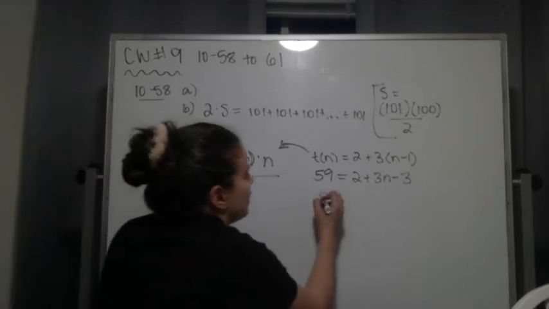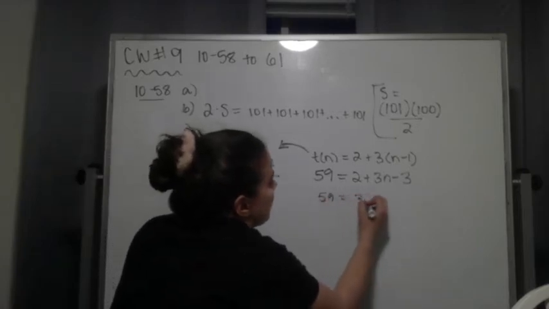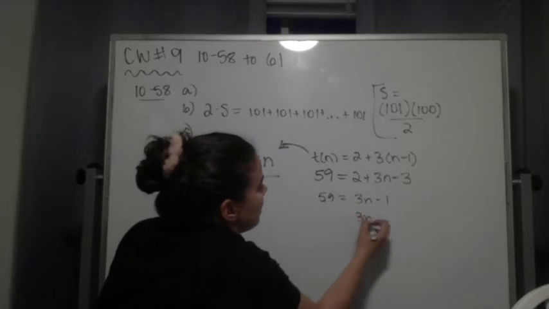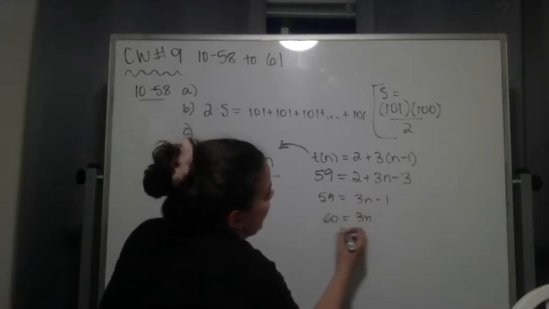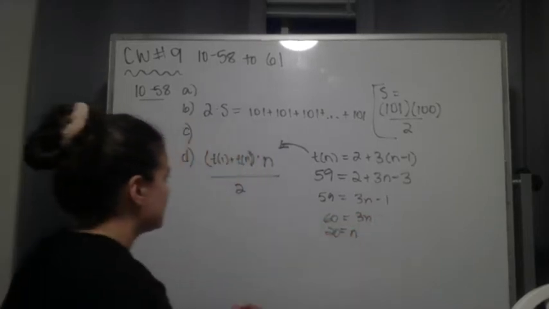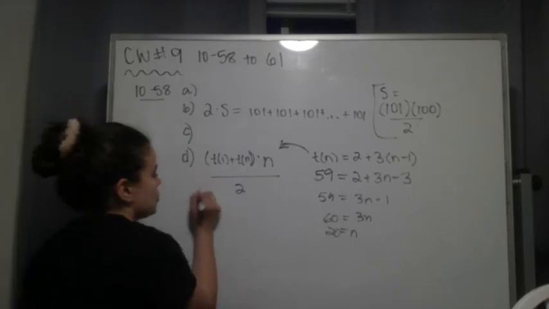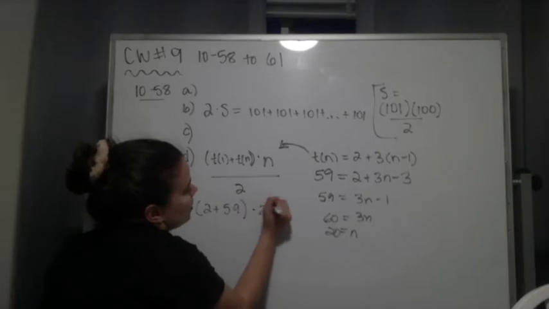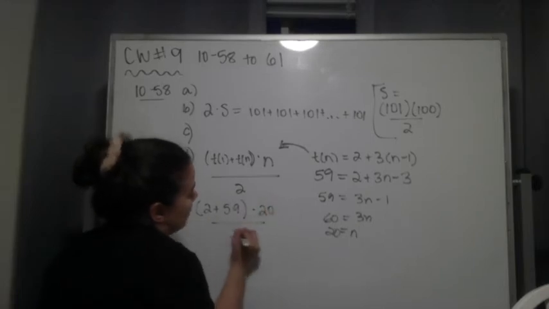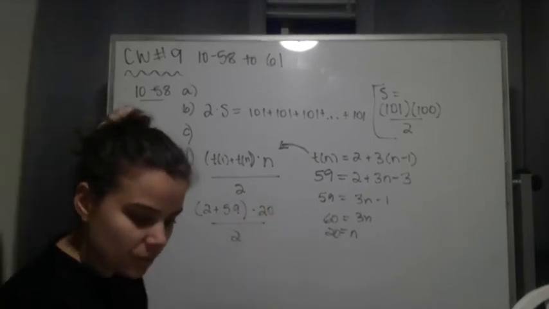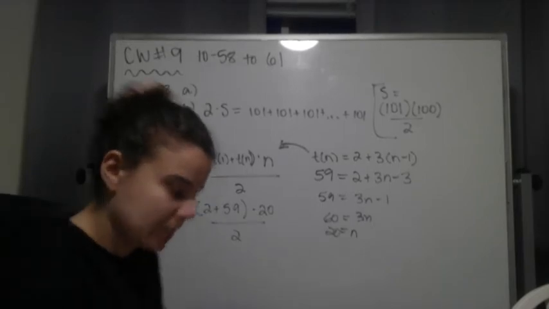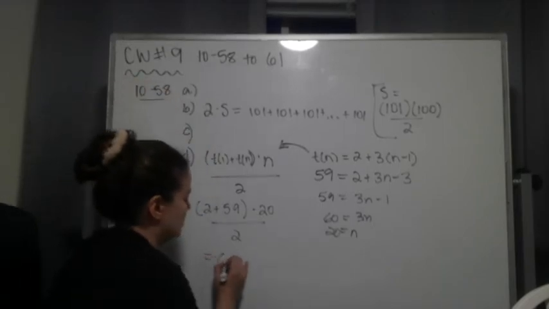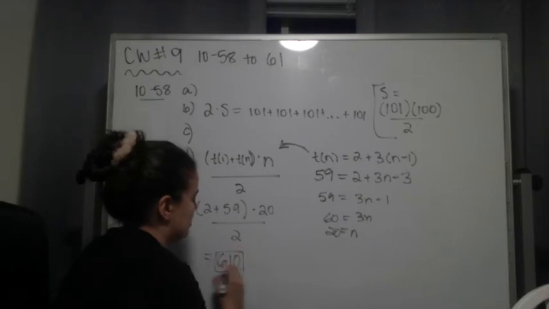Then we get 59 equals 3n minus 1, 3n equals 60, and n is equal to 20. So to fill this in, the first term we know is 2, the last is 59. There are a total of 20 terms, and then we need to divide by 2. And we should get 610 as the answer for 58.